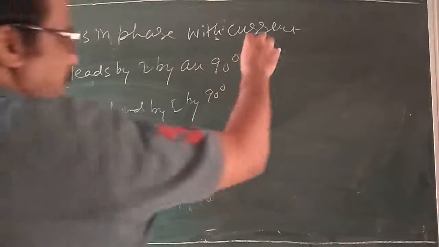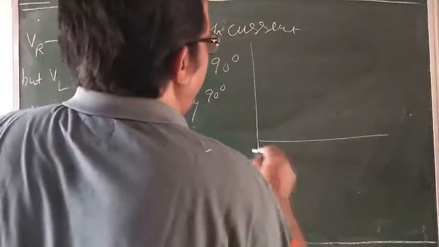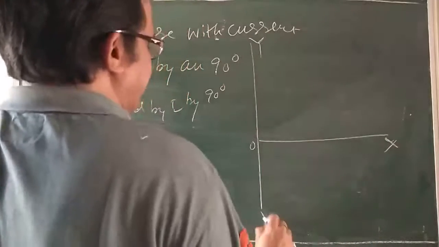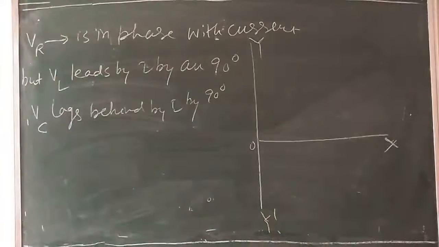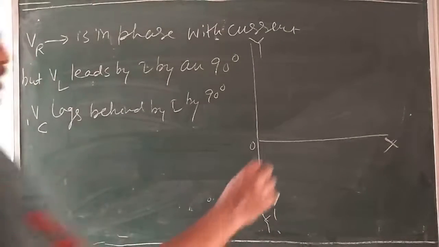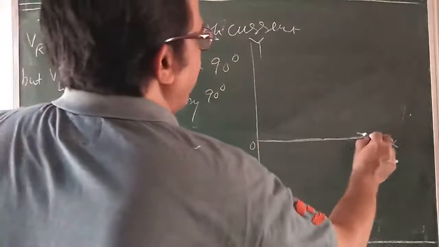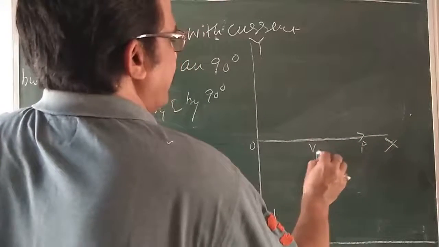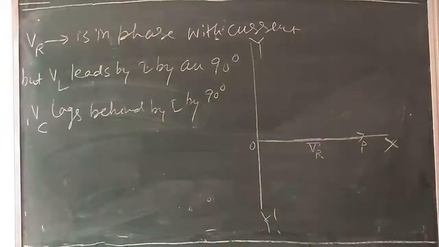Dear children, we can say this is along the x-axis. Here is y and here is y dash. Along the x-axis, suppose the vector OP represents VR, where the current and voltage are both in phase.